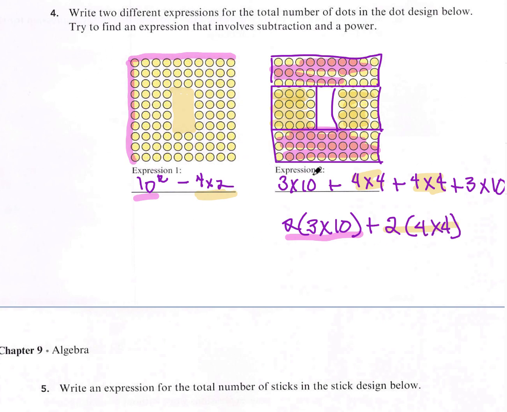So no matter how we write these expressions, we should get the same answer. So for example, this is going to be 100 minus 8. So we'll end up with 92. And this will give us 2 times 3 times 10, so that's 60, plus 2 times 16, which is 32, so 92 as well.